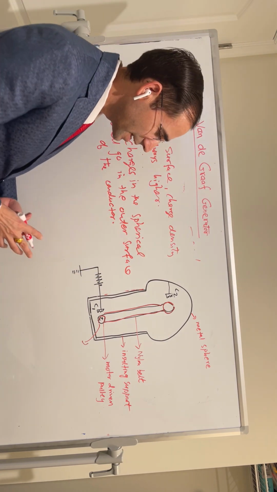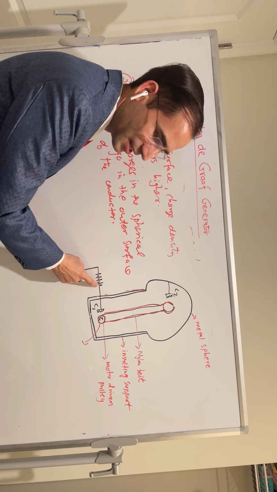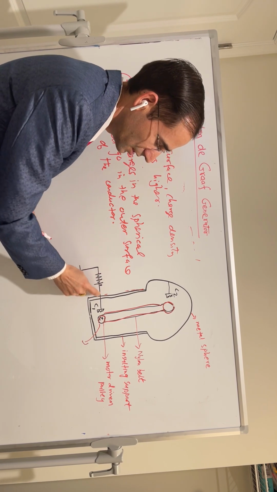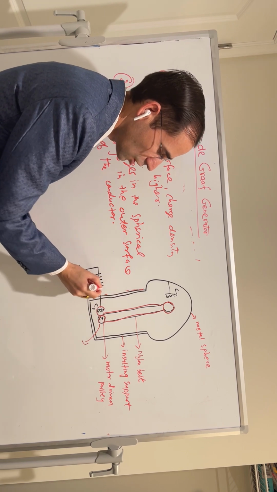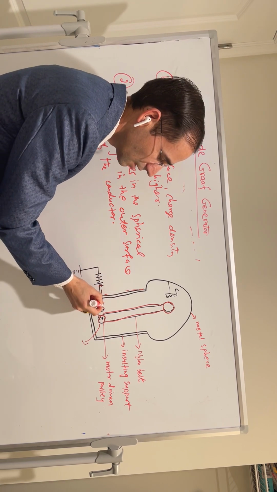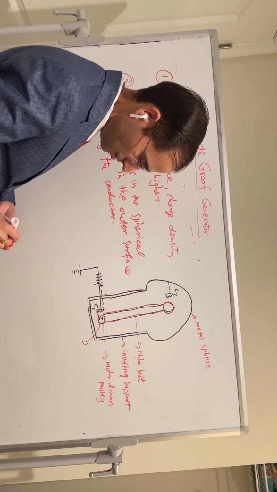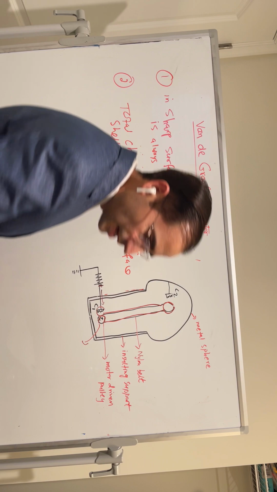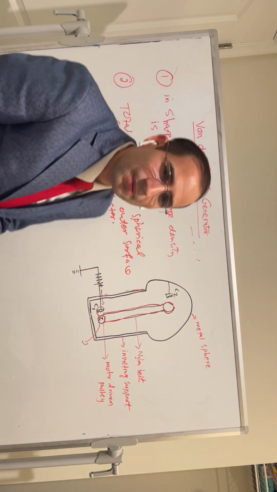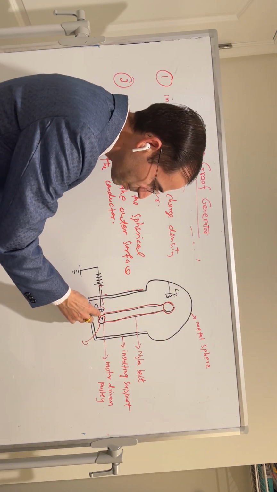So what is happening is you apply the charges here. Suppose this comb is connected with the positive terminal of the battery. That means all of the positive charges go onto this comb. Then it becomes positively charged. So in this area, it becomes positively charged.